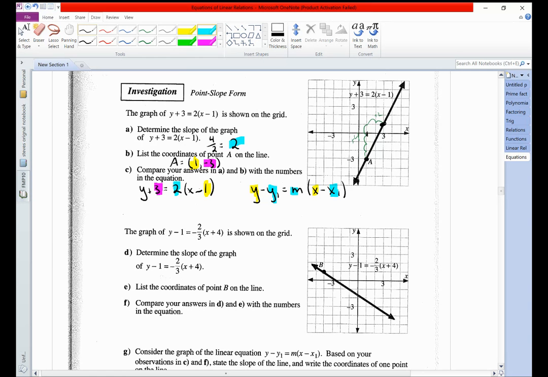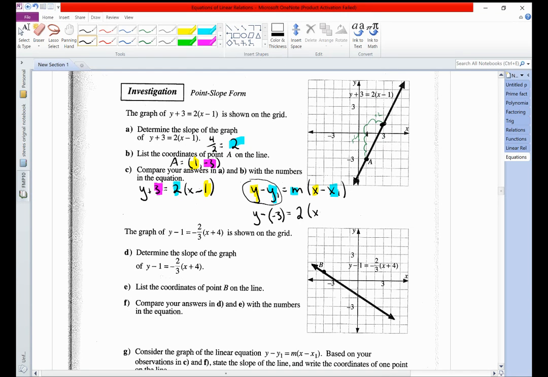We know that m always represents the slope, and the slope is 2. You can see here that we have y minus y1, so it's going to be the y coordinate of the point. The y coordinate is negative 3.